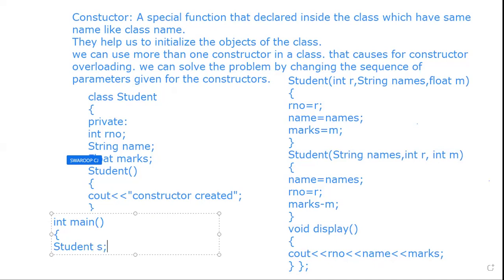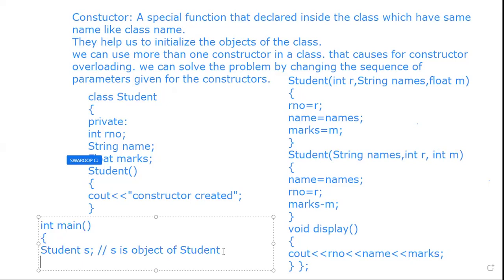So here S1 is an object of student. Right? Now what I have to do? Whenever you create the object, what will happen? It will look, there are three constructors. Okay.